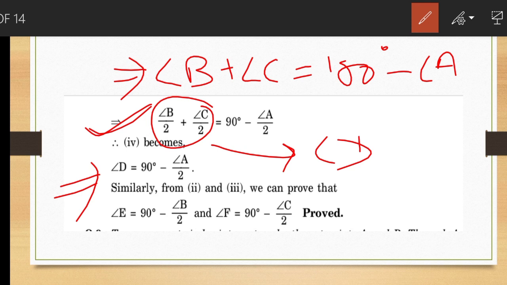Similarly, if we add equation 2, then we will get angle E is equal to 90 minus angle B by 2. And if we add equation 3, then we will get angle F is equal to 90 minus angle C by 2. Since the procedure is the same, if we can prove it for one part of the sum, the rest will follow the same argument.